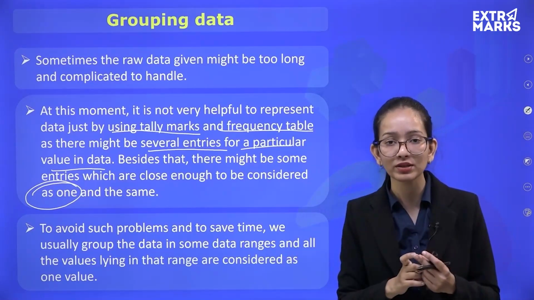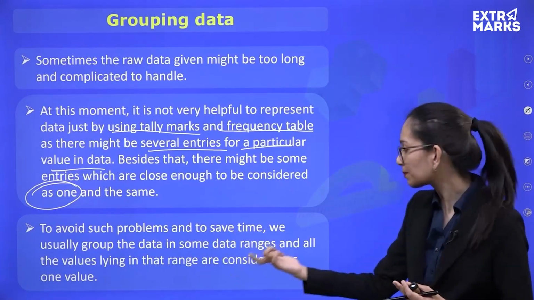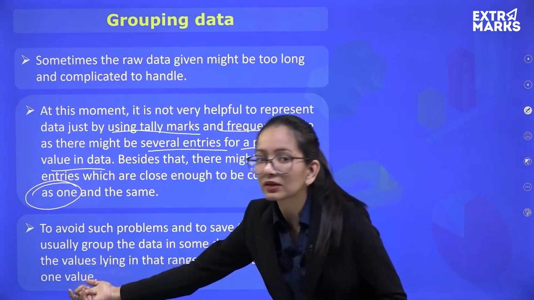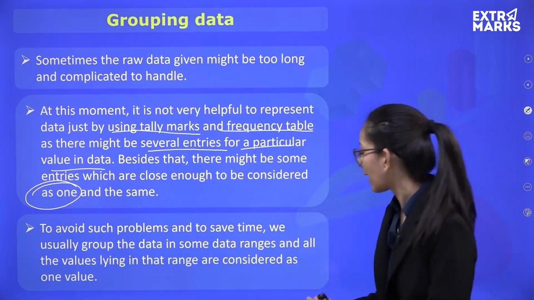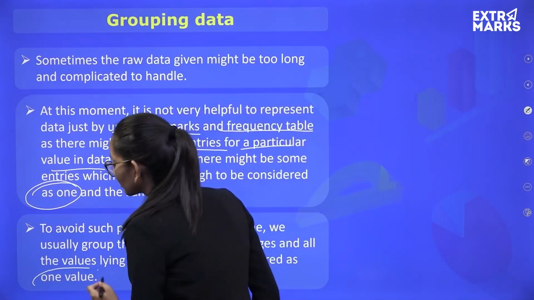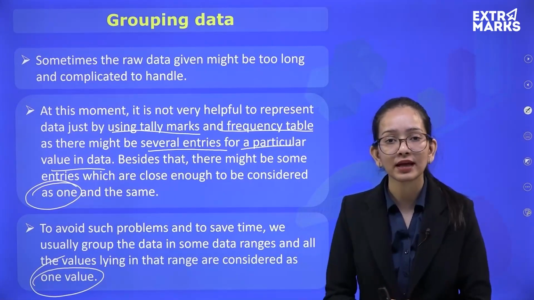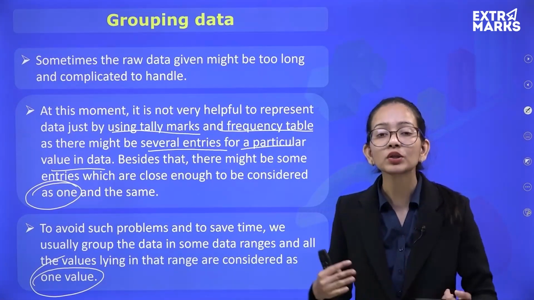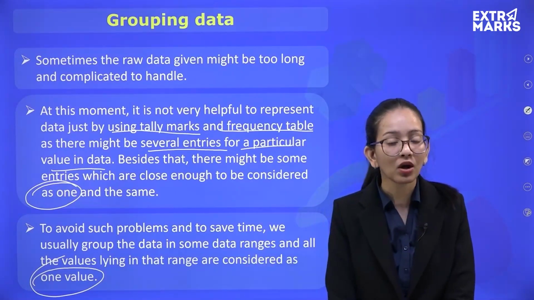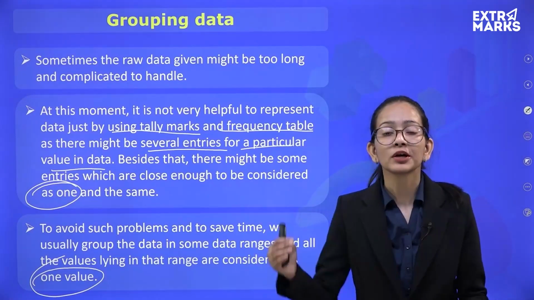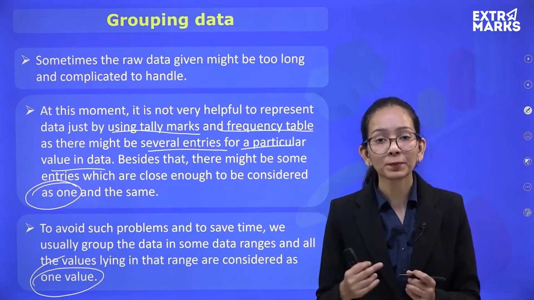I'll make some ranges, and all the values lying in that range will be considered as one value. So when you have several entries for a particular value, we go for grouping of data.